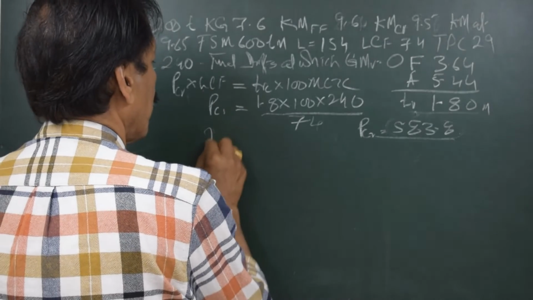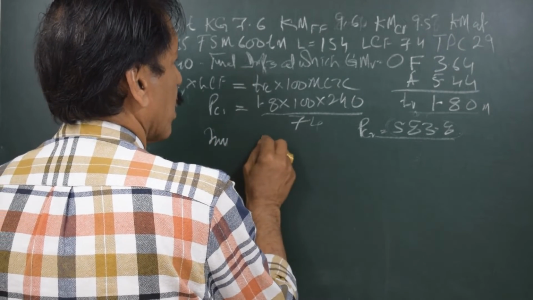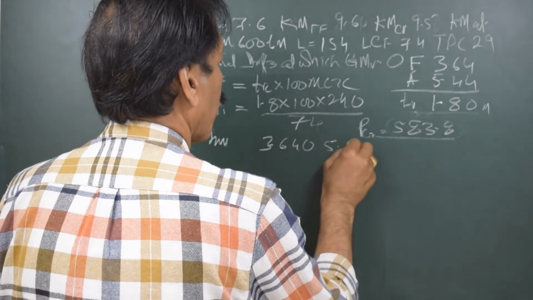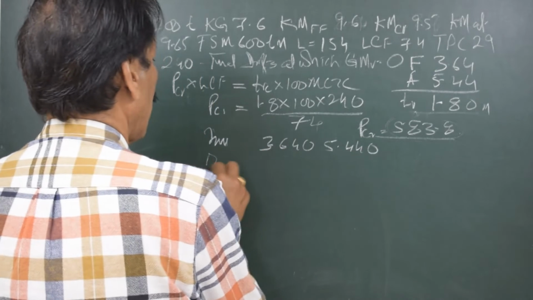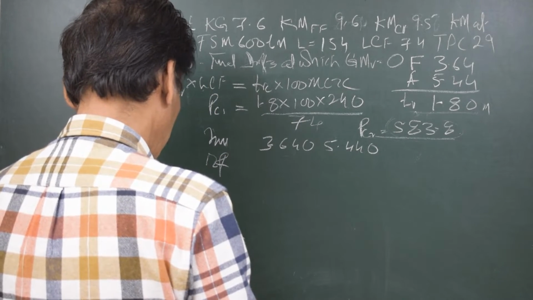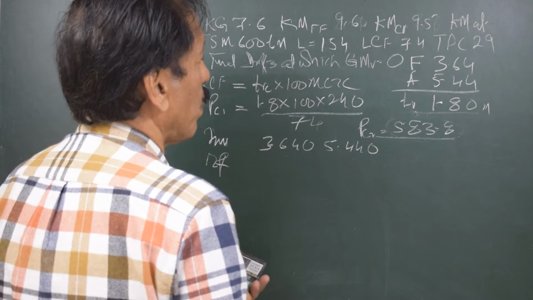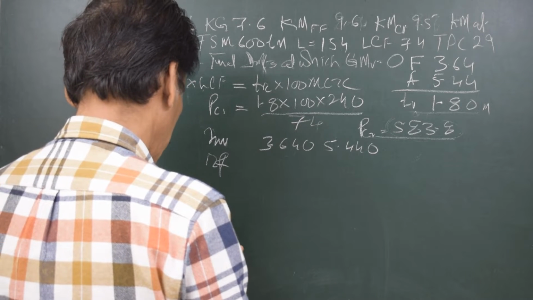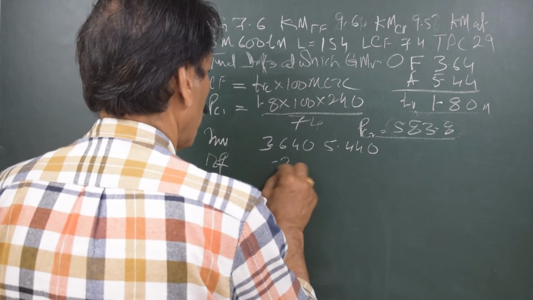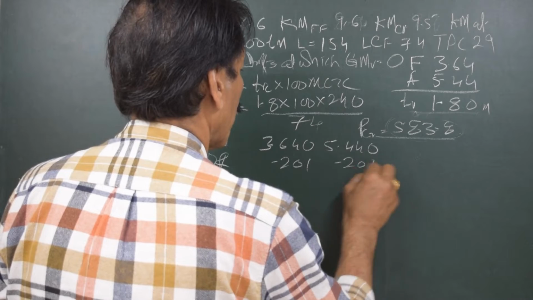Starting with the initial drafts as 3.640 and 5.440, bodily rise would be 583.8 divided by 100 TPC, that is 2900, gives me 0.201.